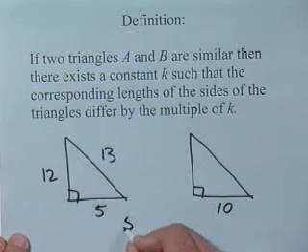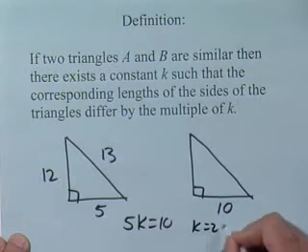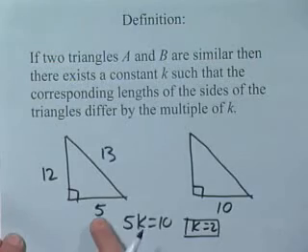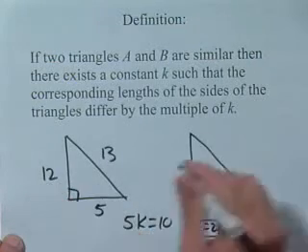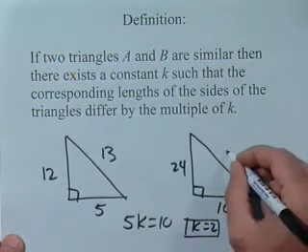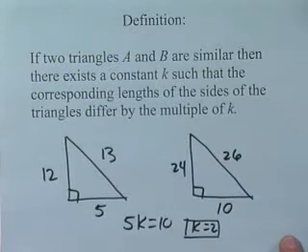So I know that 5 times some K must equal 10, or K is 2. So since 5 times 2 is 10, 12 times 2 is 24, so that must have length 24, and 13 times 2 is 26. So there's a little refresher from the previous lecture.